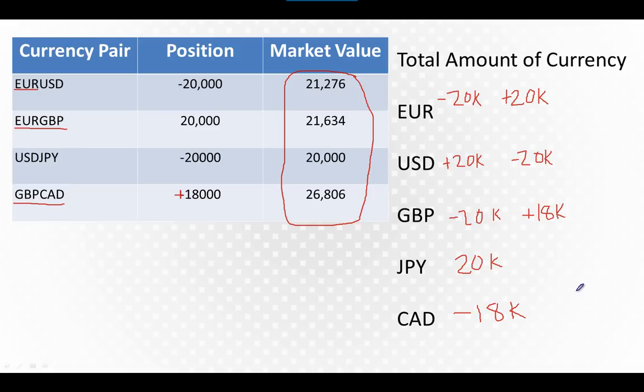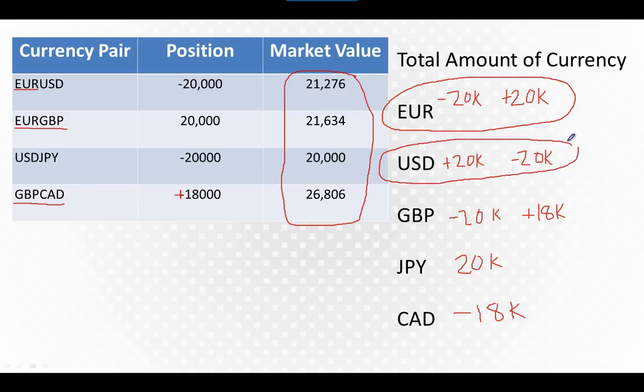So here's this trader taking this position here, this position here, this position here, this position here. And let's see what they're in. Well, are they in any euro whatsoever? No. They have no euro exposure whatsoever. Do they have any dollar exposure? No. They have no dollar exposure whatsoever.